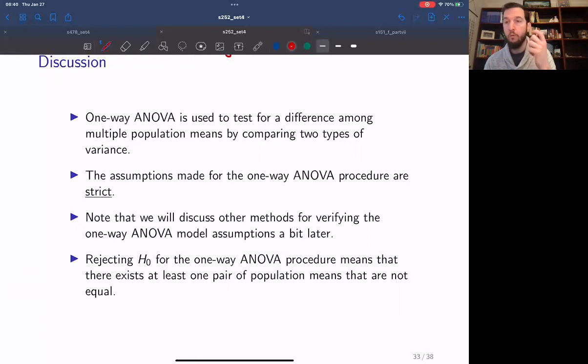So what we need to do is develop a set of procedures that we can use in order to determine where those differences exist. And that's what we're going to move into in the next lecture set. The other thing that we're going to do is look at residual analysis so that we have another suite of tools to actually check the model assumptions from the ANOVA.